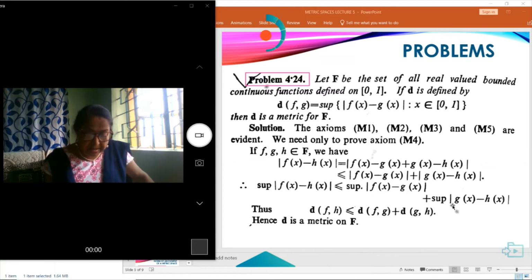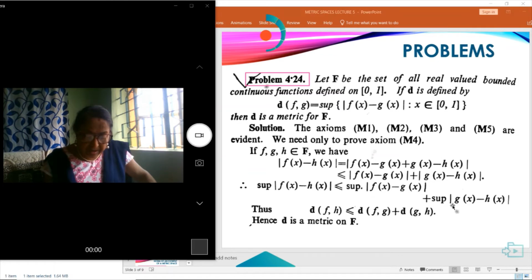If d is defined by d(f, g) equal to the supremum of |f(x) minus g(x)|, x belonging to [0, 1], then d is a metric for F. We can check that M1, M2, M3 and M5 are satisfied, so we will only show the fourth postulate.